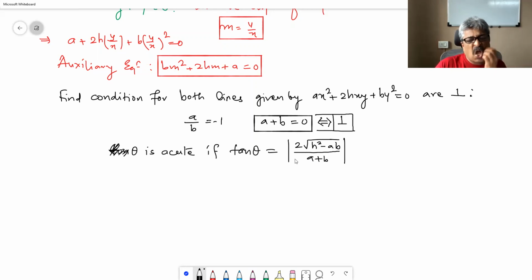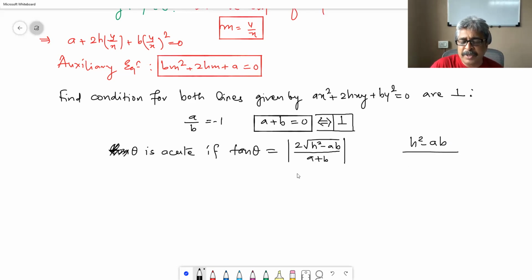Now, even if you would not have done any calculations, you could guess this h square minus ab in the numerator, because that is what makes it distinct, imaginary or coincident. So if the angle between the two straight lines is 0, they are parallel lines, then h square minus ab must be 0. So h square minus ab must be there in the numerator.